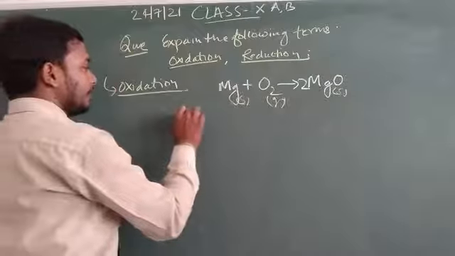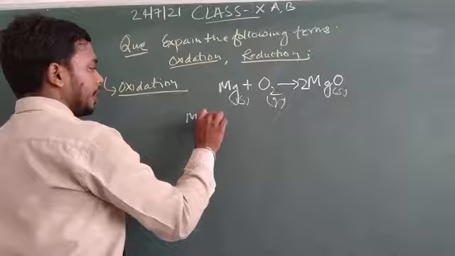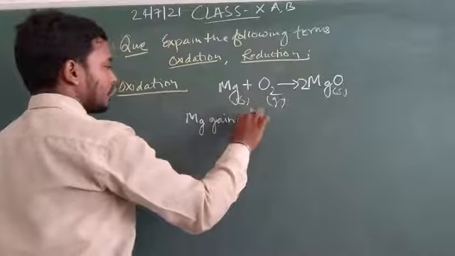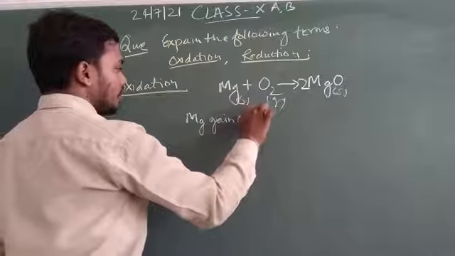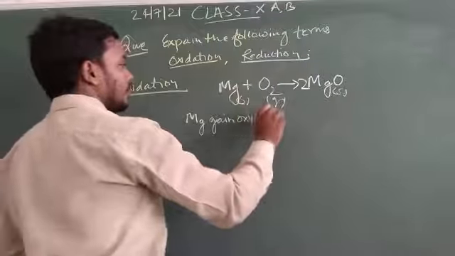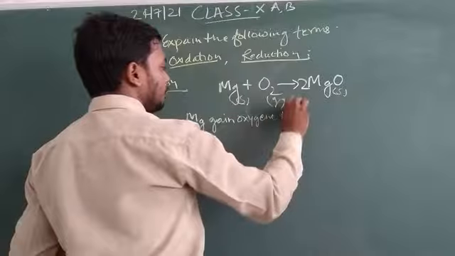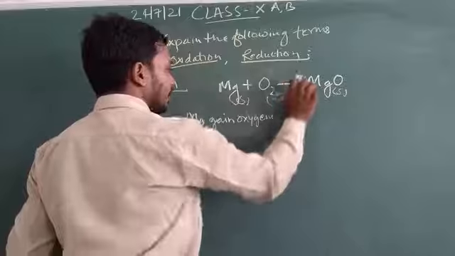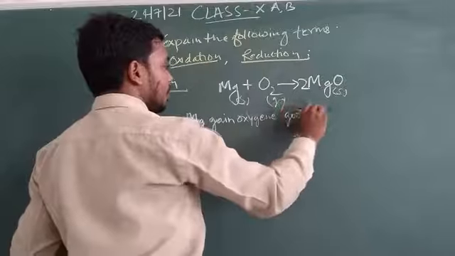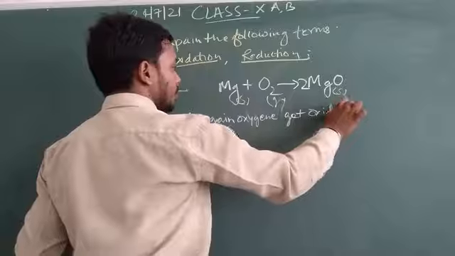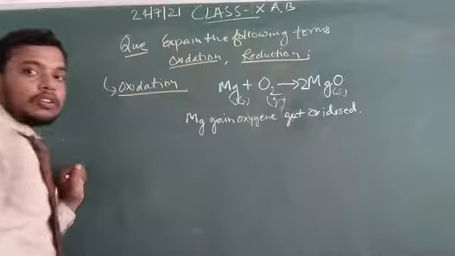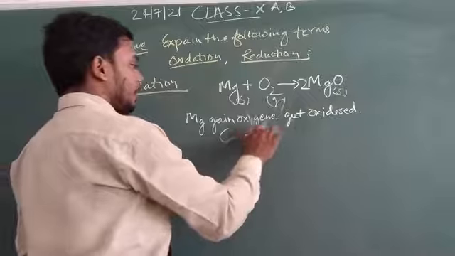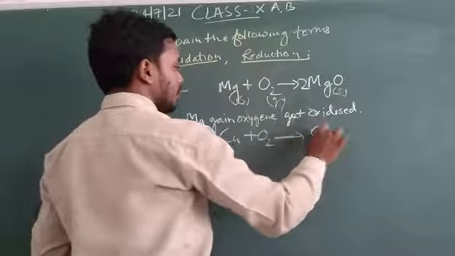Here, magnesium gains oxygen to form MgO and gets oxidized. Copper plus oxygen gives CuO.